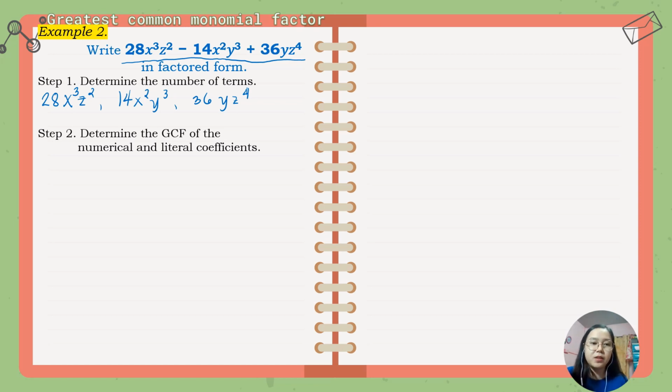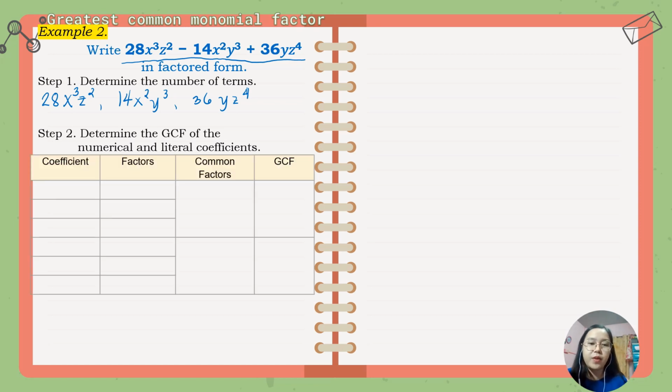Yan. Then next, step 2 natin, determine the GCF of the numerical and the literal coefficient. Kunin muna natin yung numbers. 28, sunod 14, 36. Yung letters natin, mamaya na yan. Factors muna tayo. So, factors of 28.